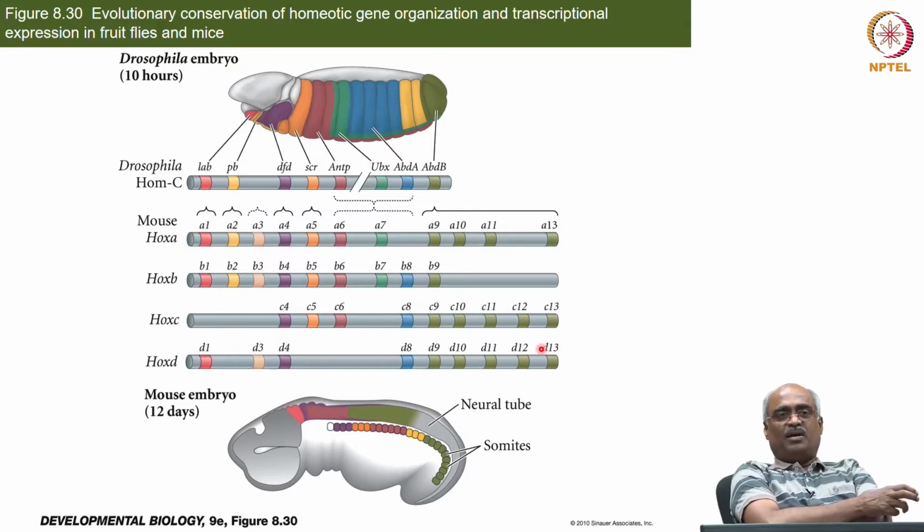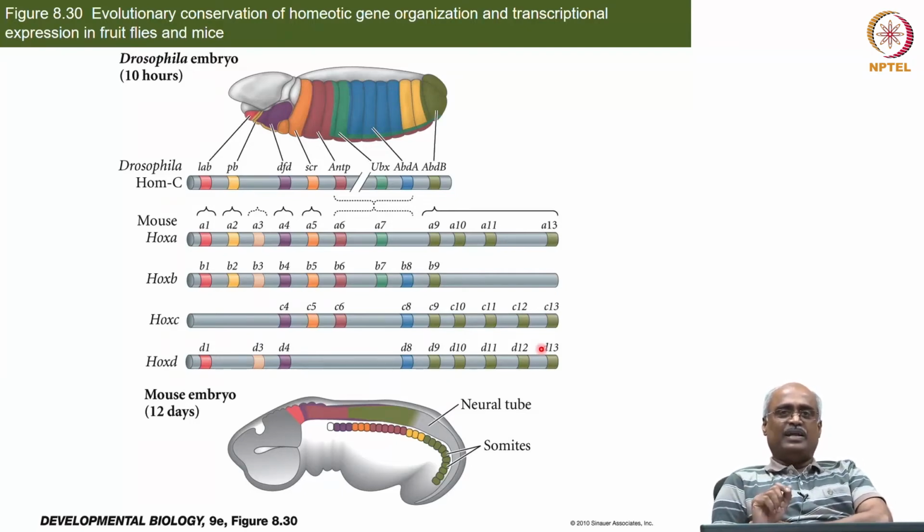That is, Hox genes present near the 5' most part of the chromosome specify the anterior most structures in the anterior posterior axis, and similarly the posterior most structures are specified by Hox genes that are located 3' most on the chromosome.